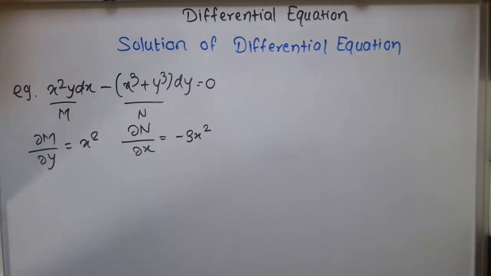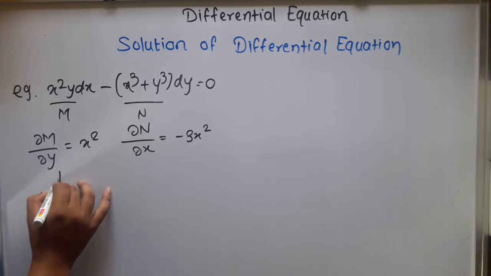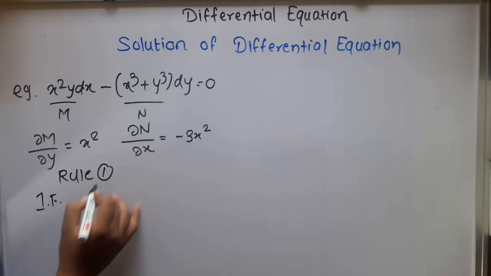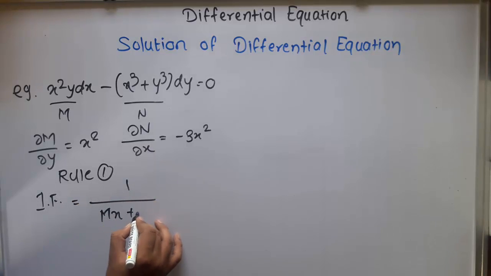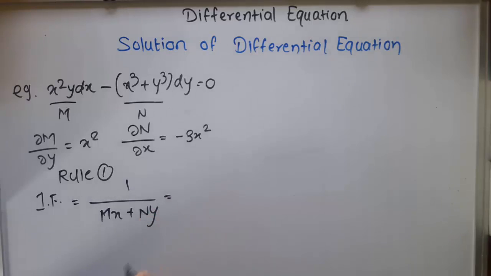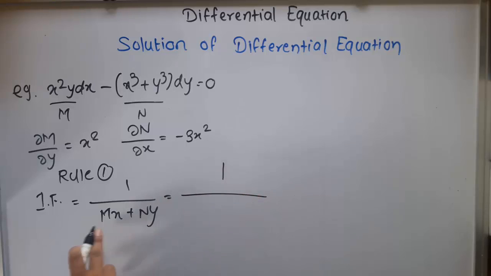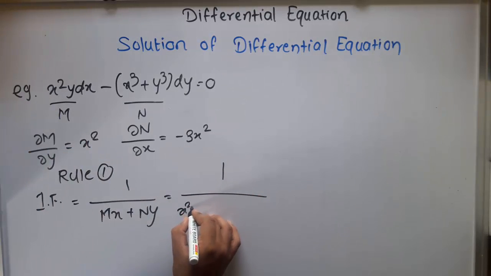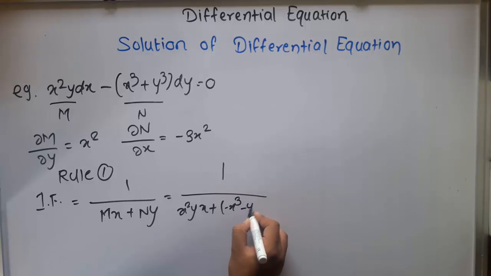So for that we use the first rule. The integrating factor will be 1 upon Mx plus Ny equal to, what is the value of M? It's x square y into x plus, here for N we put the minus sign, minus (x cube plus y cube) into y.